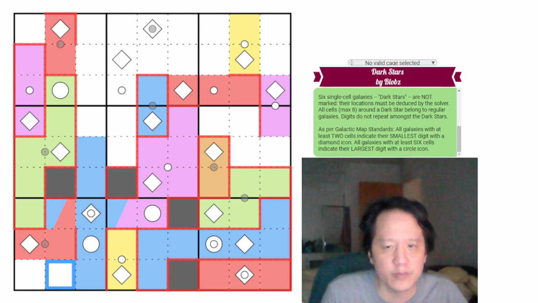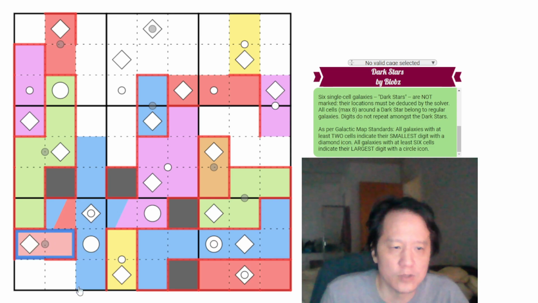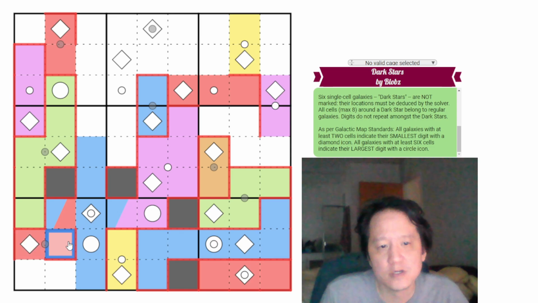This cannot be red or blue. It could be blue. It could be part of a dark star. Hmm. Okay, say this was only 2 in length, 2 in size. If this was only 2 in size, this would have to be blue.